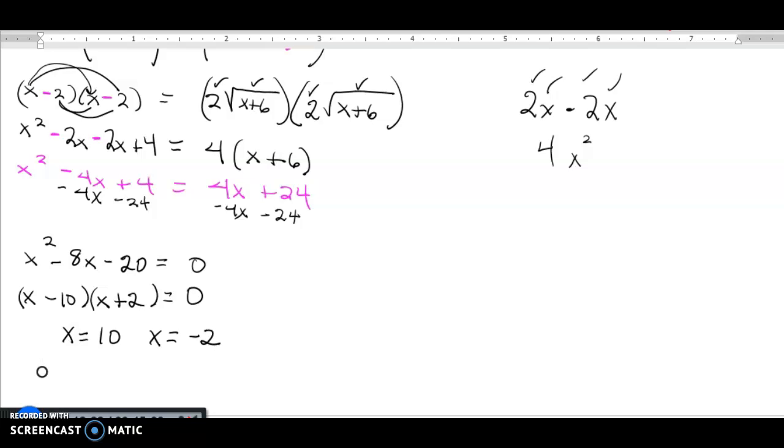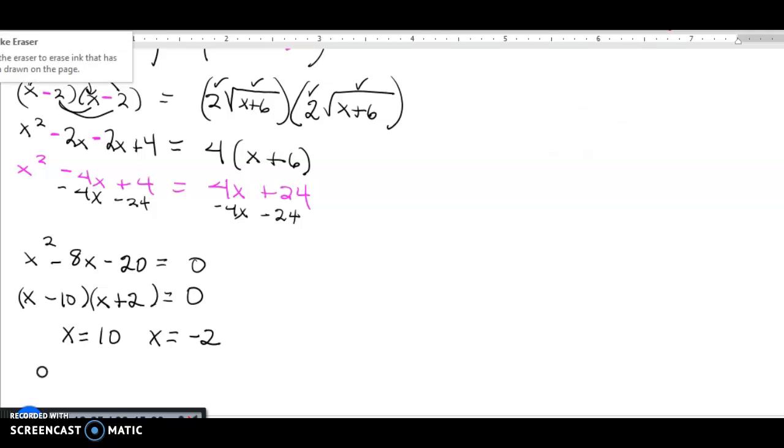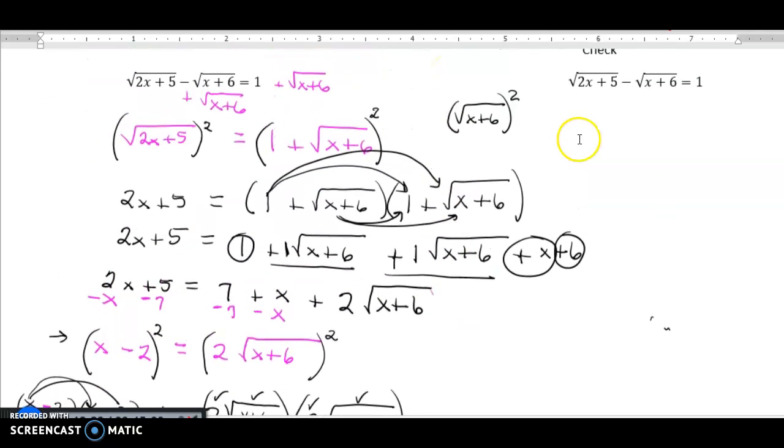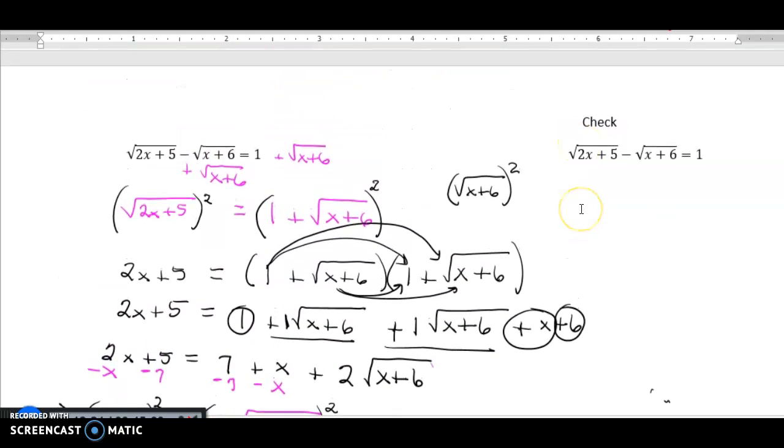Now, one of the most important parts is the check. So we've got to check our answers. So let's go back up here to the problem. And I'm going to try 10 first. So I've got the square root of 2 times 10 plus 5 minus the square root of 10 plus 6.